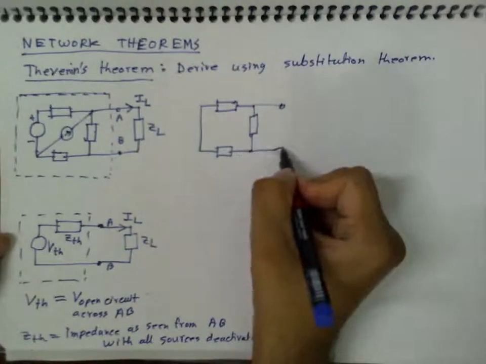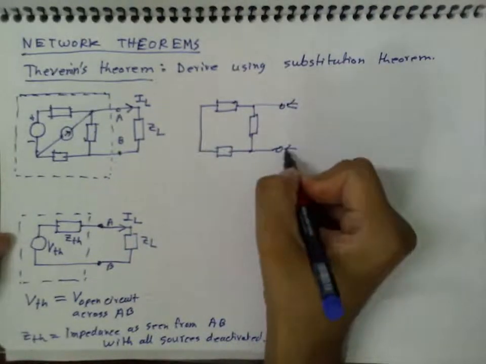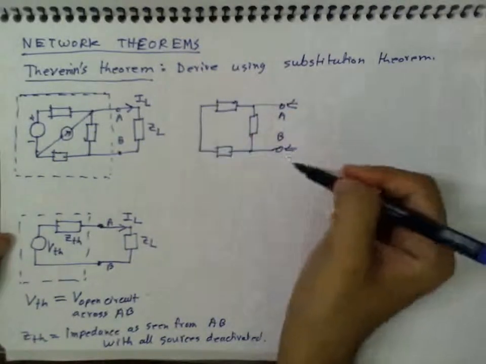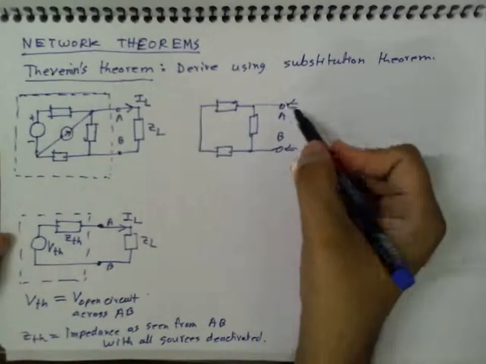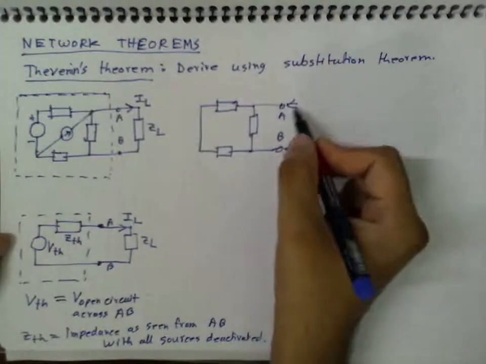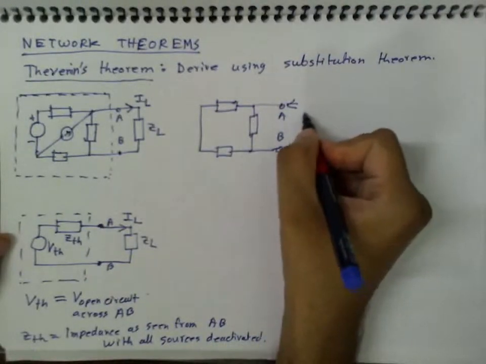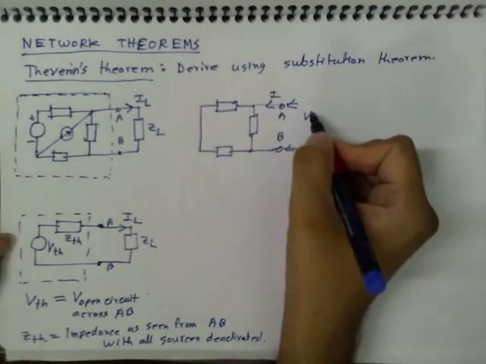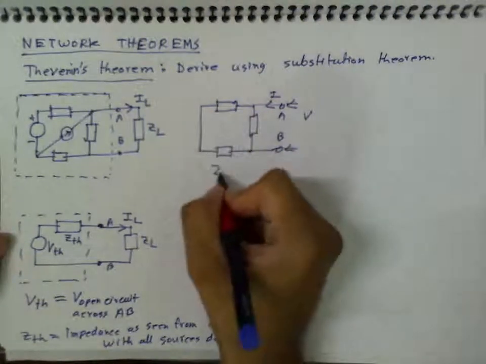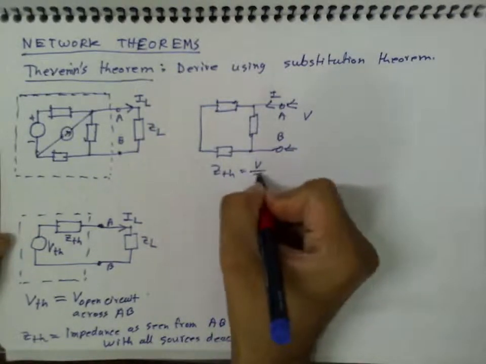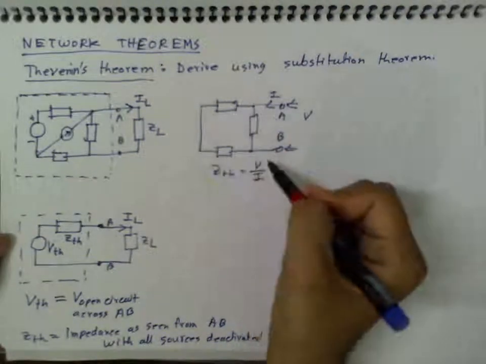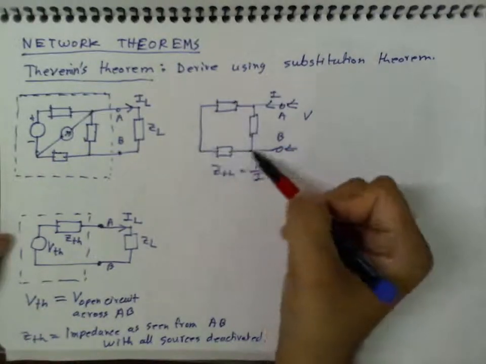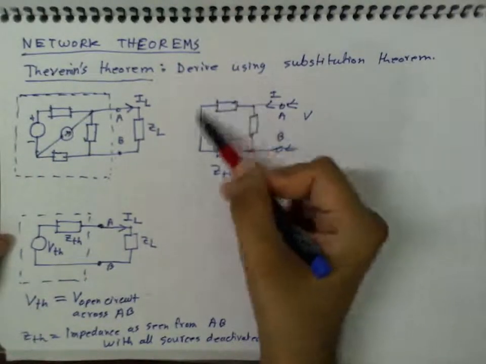Then I measure the impedance between these two terminals A and B. In other words, if I apply some voltage V, what will be the current flowing through this? If that is I, then this impedance ZTH is equal to V by I. Or you can find that impedance by simplifying this passive network of impedances.